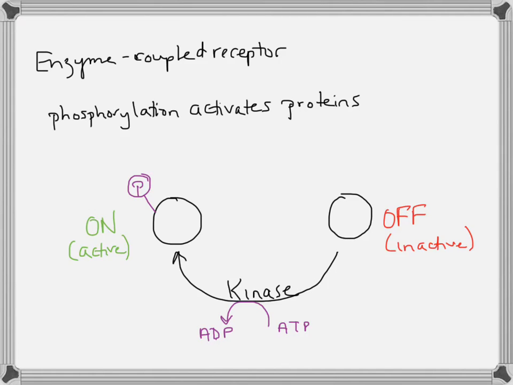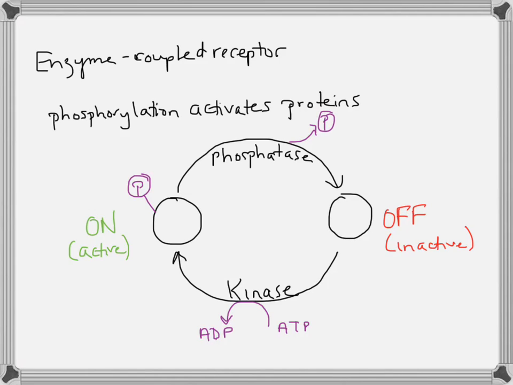That will ultimately lead to the phosphorylation and typically activation of the protein. On the flip side, phosphatases are a family of enzymes that inactivate proteins. Phosphatases remove phosphate groups from proteins and therefore dephosphorylate the protein and typically lead to their inactivation.